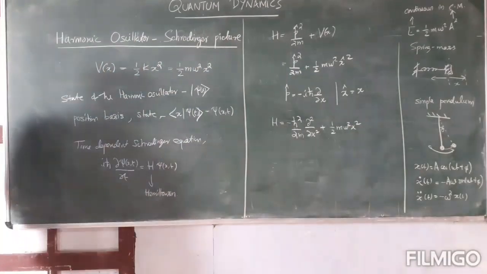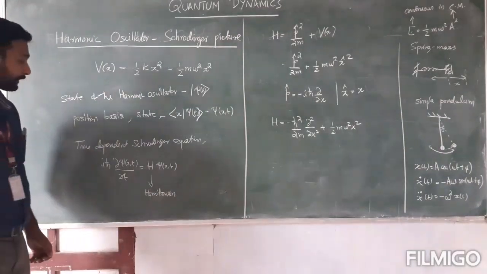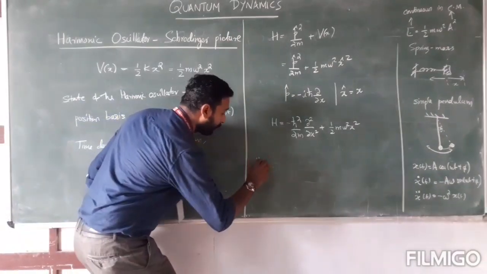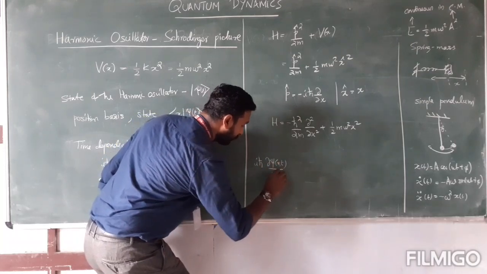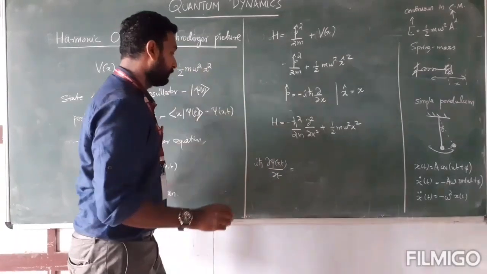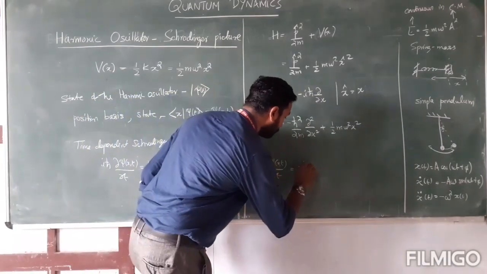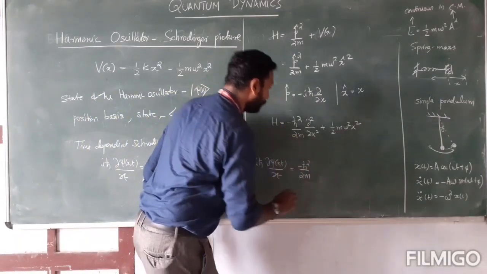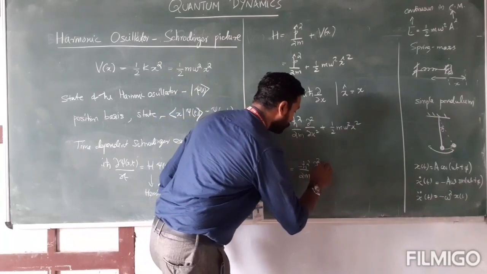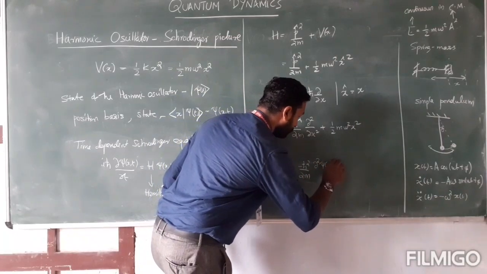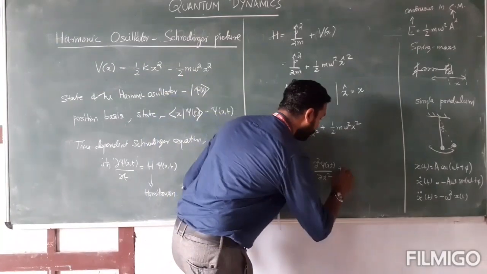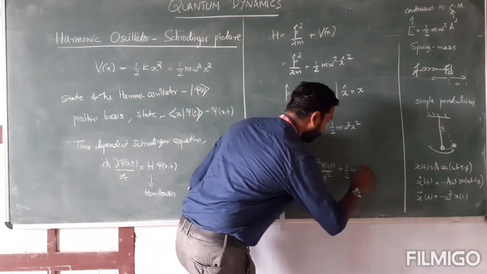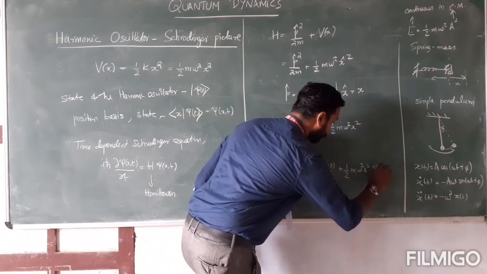Then what would be our Schrodinger equation? So the Schrodinger equation will take the form iħ ∂ψ(x,t)/∂t equals −ħ²/2m ∂²ψ(x,t)/∂x² plus ½mω²x².